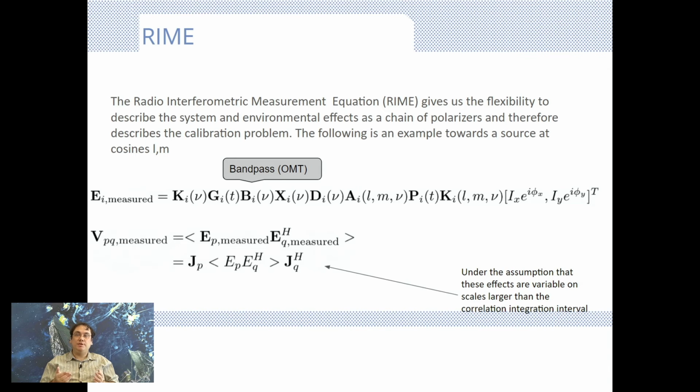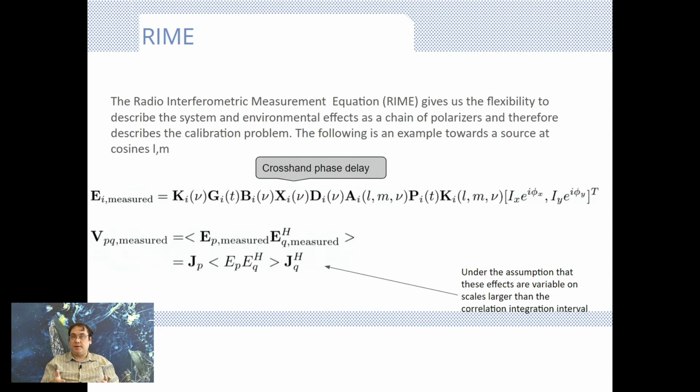So we have this B Jones term here, which is the bandpass, and that, as I said, is primarily driven by our orthomode transducer, so the measuring device. Then we also have the cross-hand delay. Remember, we have this physical delay between the X dipole and the Y dipole, and a bit of delay between the two different signal paths.